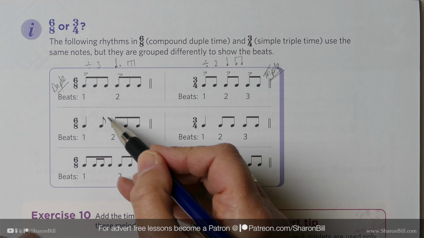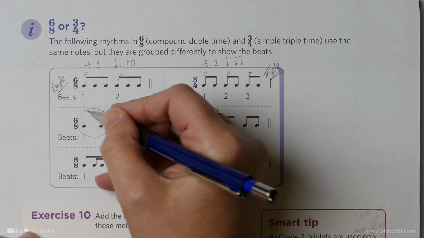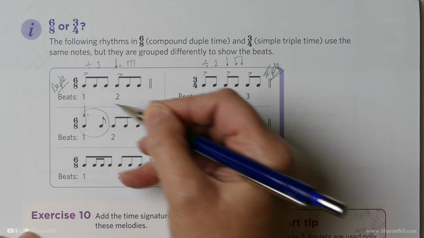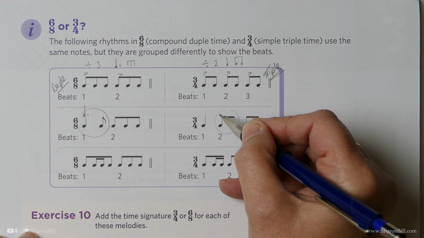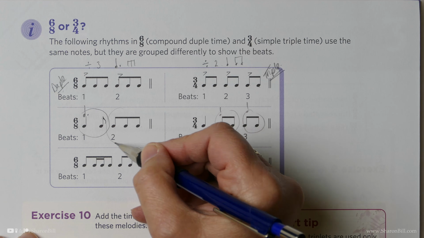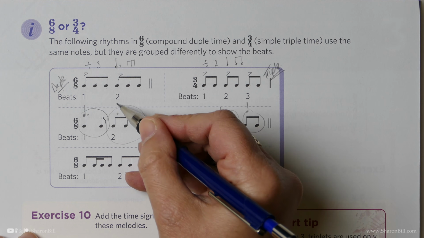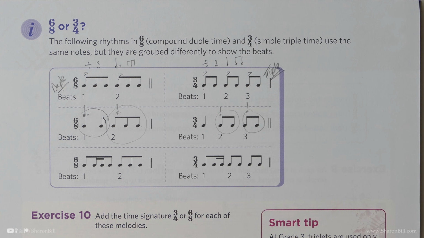Here, this quaver must be left on its own to show that it belongs to dotted crotchet beat 1. Whereas here, that's all of beat 2 and all of beat 3. So we can see there's our dotted crotchet beat. So it's very, very important to make sure we beam things correctly.